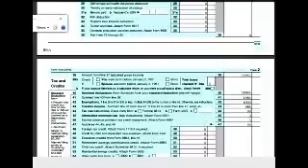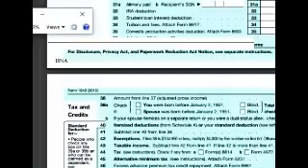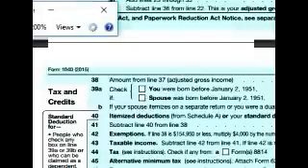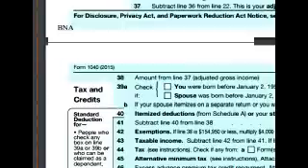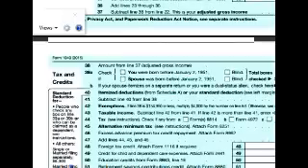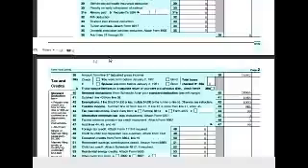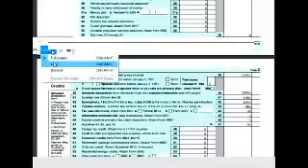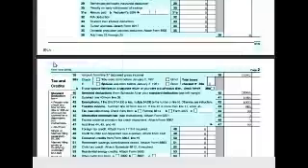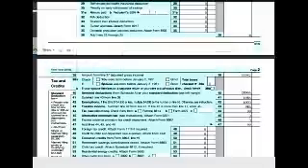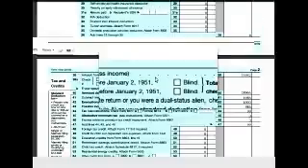Let me just zoom in so that you can see what I'm talking about.